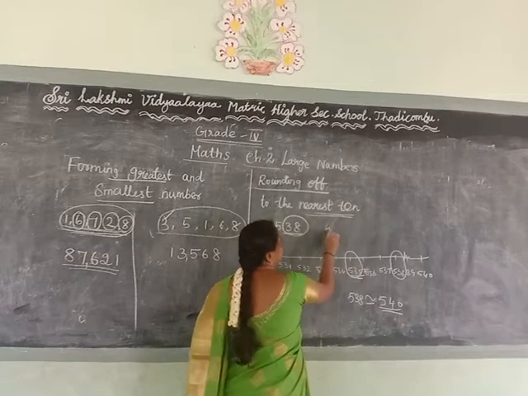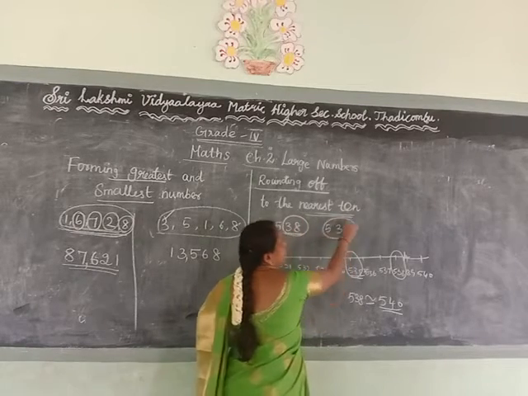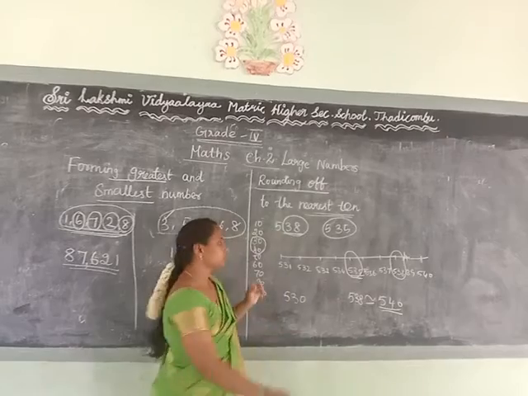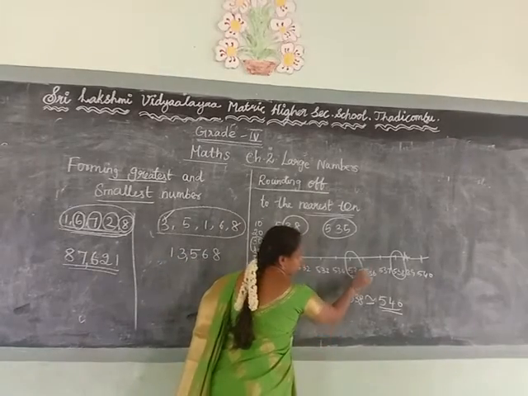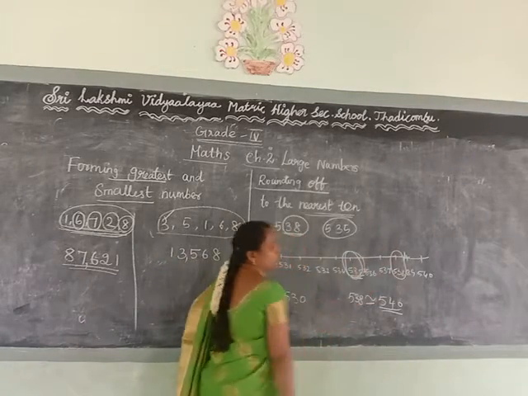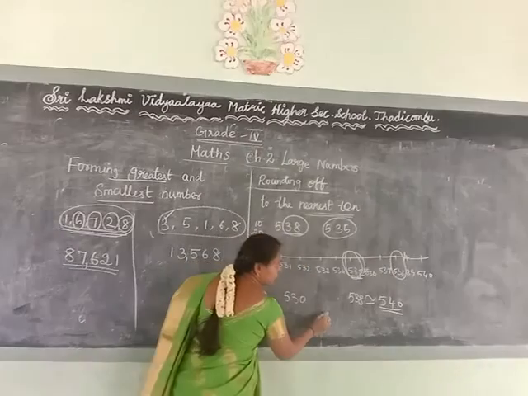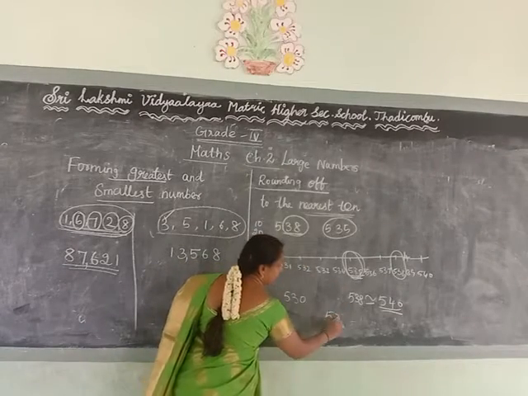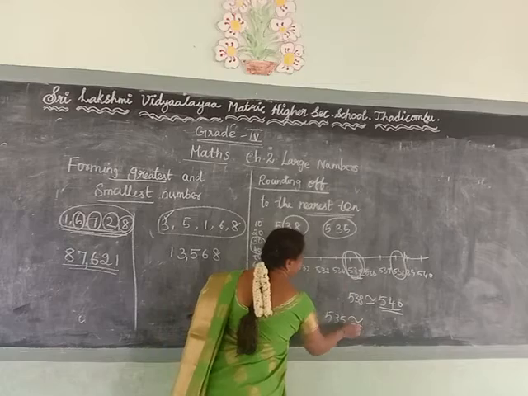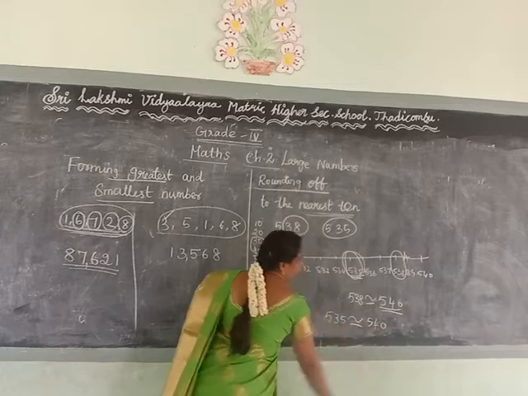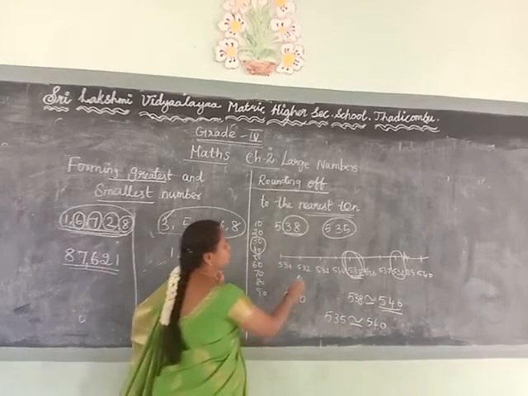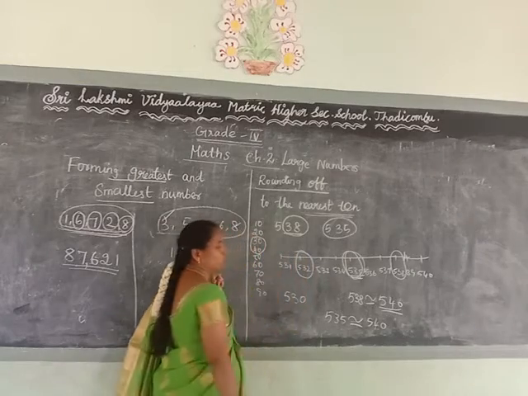Then if it is 535, what will we say? Yes, if it is 5, it is lying near to 540. That is 535, it is lying near to 540. Suppose 532.